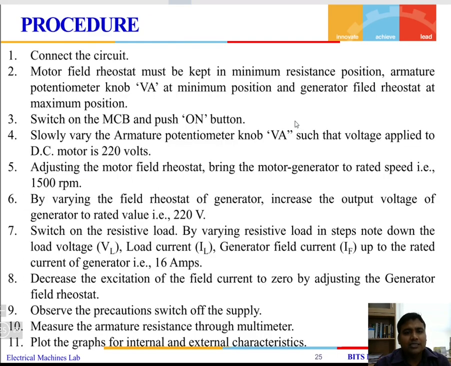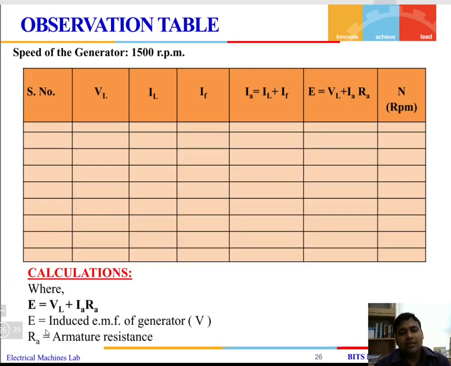Follow the procedure given in your manual, and in the observation table do the measurement at a rated speed of 1500 rpm.